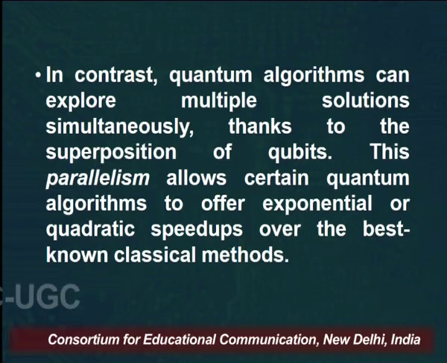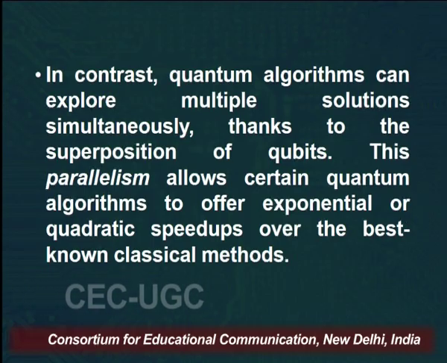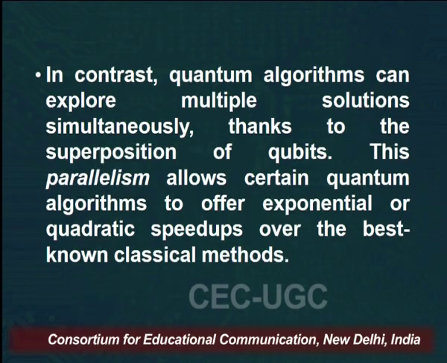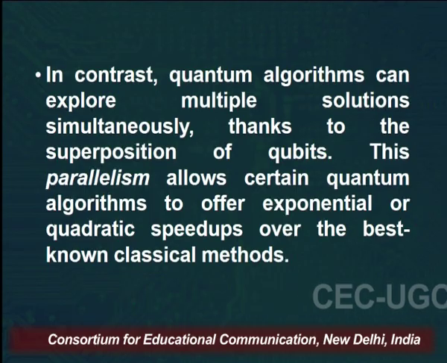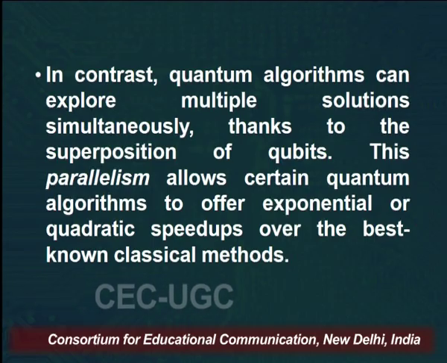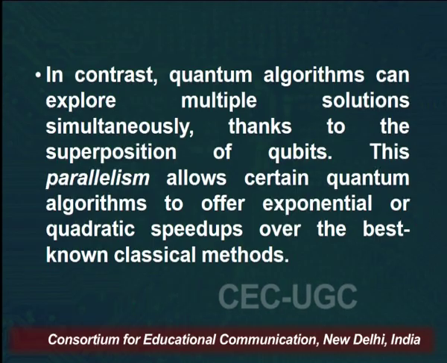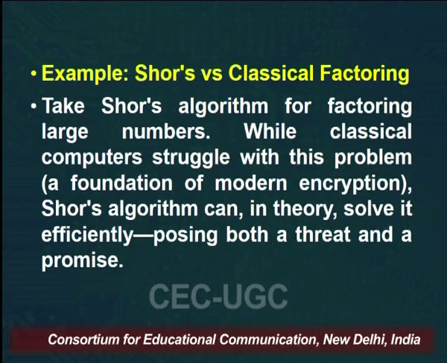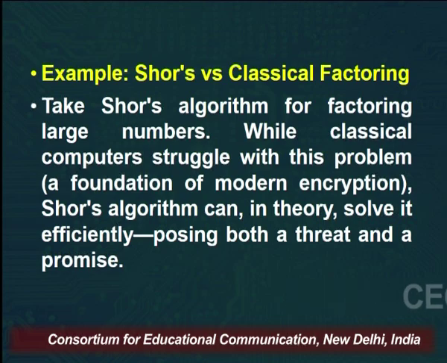Keeping in mind superposition as well as entanglement, we can define the quantum algorithm. For example, the two algorithms we always use: first is the Shor algorithm, second is the Grover algorithm.